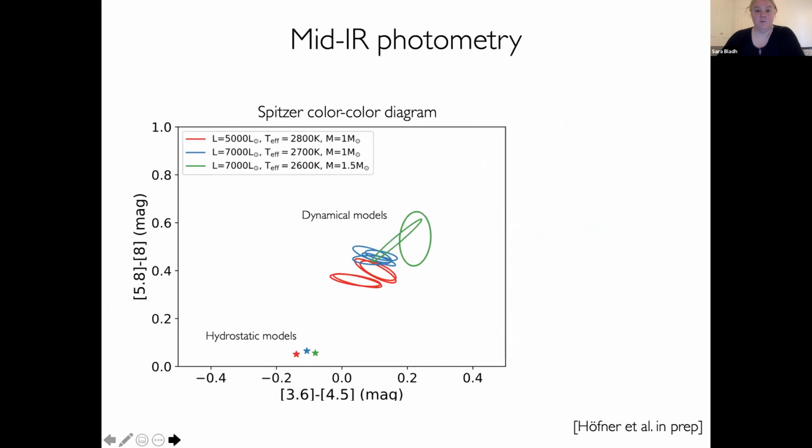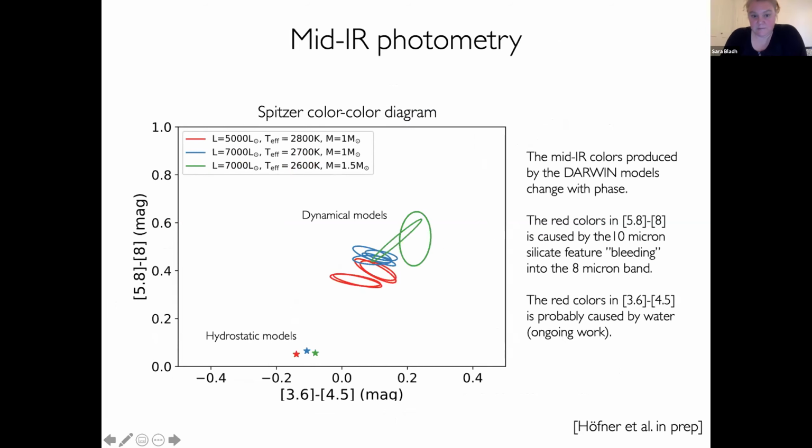As I mentioned, we also want to look at mid-infrared colors and photometry. This is an example from a Spitzer IRAC color diagram for the same models. These are the models with iron enrichment, and these are the corresponding hydrostatic models.